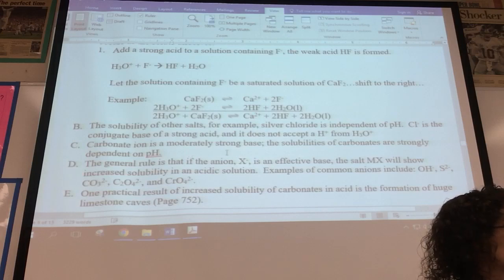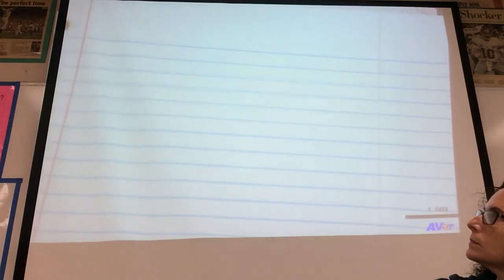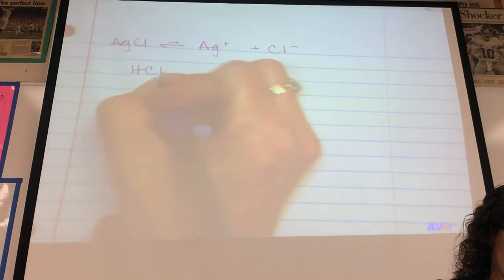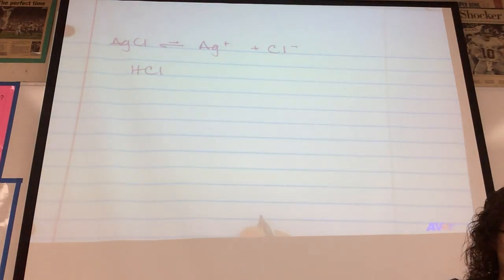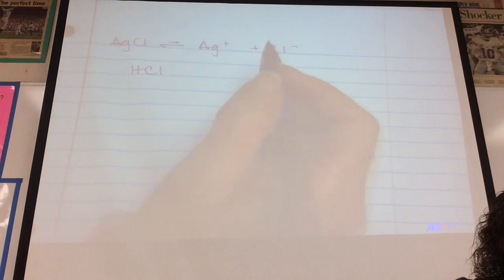A couple of points I definitely want to make. Some salts are independent of pH changes, because if you had silver chloride and you threw in hydrochloric acid, you'd be adding chloride ion.